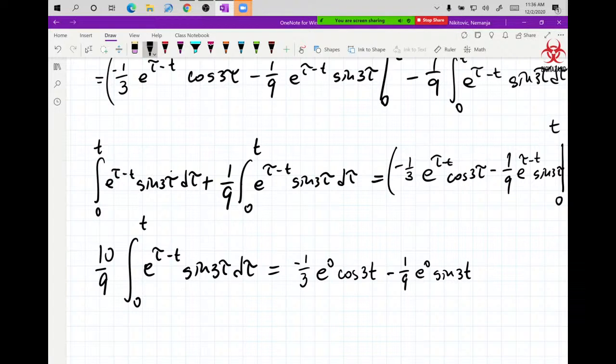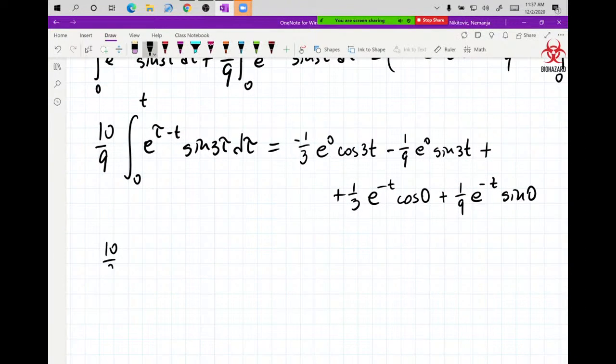Now you need to plug in 0, minus and minus make plus, and you get 1/3 e to the negative t, and now when you plug in 0 for tau, cosine of 0, minus and minus give you a plus 1/9 e to the negative t, and then you have sine of 0, and that term dies.